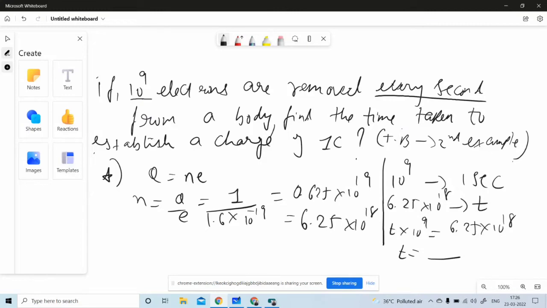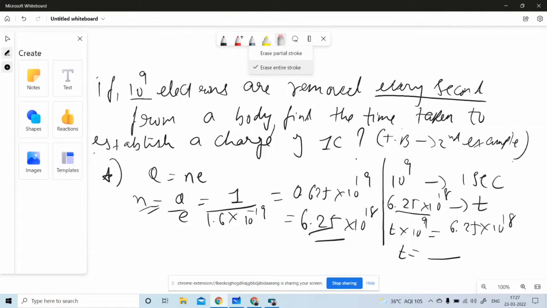Got it? See how we have done this sum. First we calculate the number of electrons which need to be removed from the body to get a charge of 1 coulomb, and that comes out to be 6.25 into 10 raised to 18. Now if in 1 second 10 raised to 9 electrons are removed, so the time taken will be cross multiplied. Got it? Clear?